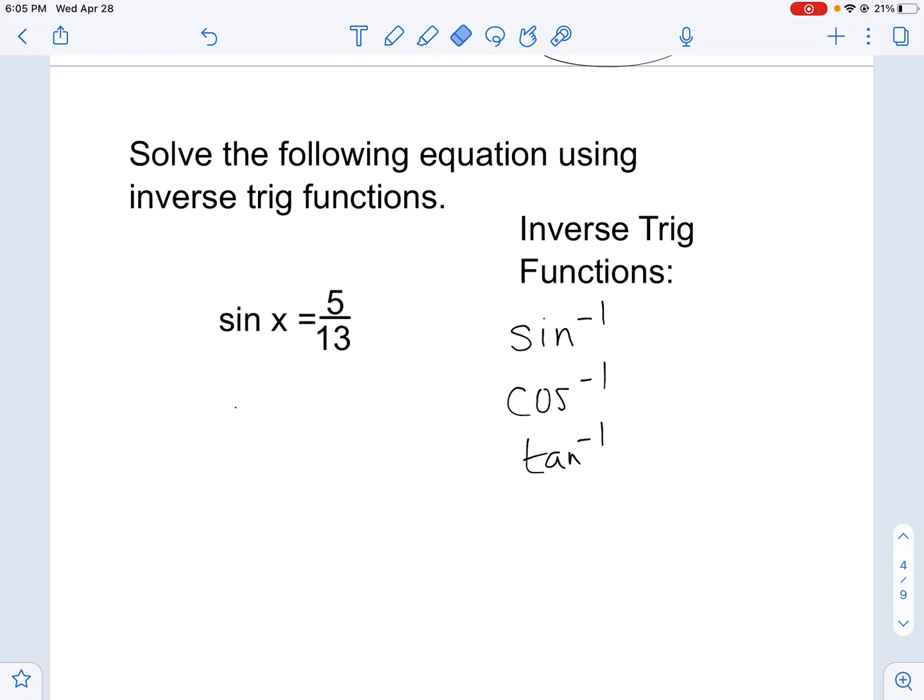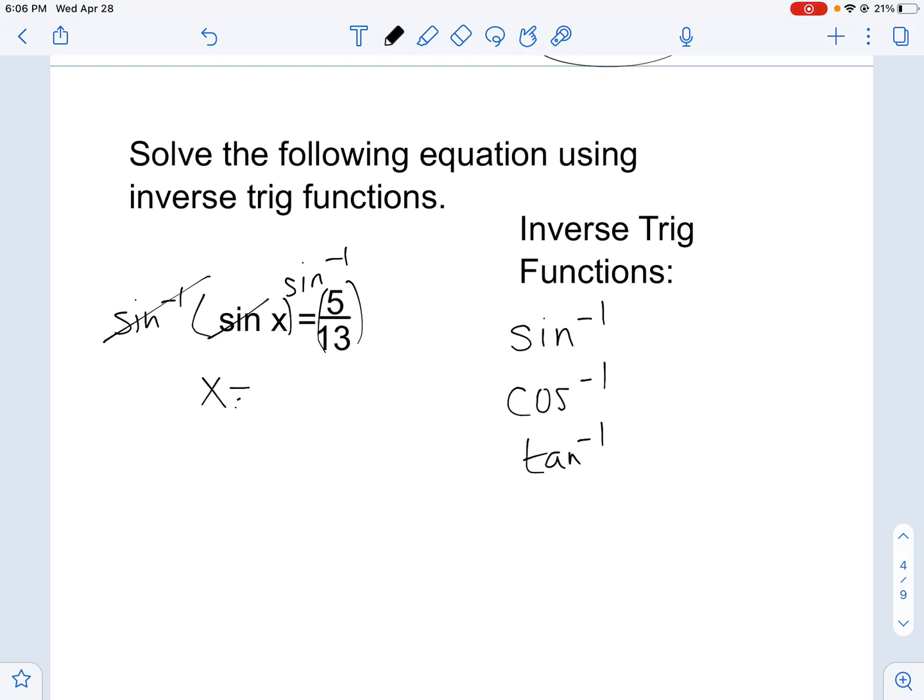So I've got to figure out some way to get x by itself. And we do that by multiplying both sides by sine inverse. And really, it's not multiplying. It's really taking the sine inverse. Inverses cancel, so sine and sine inverse are inverses, so they cancel.